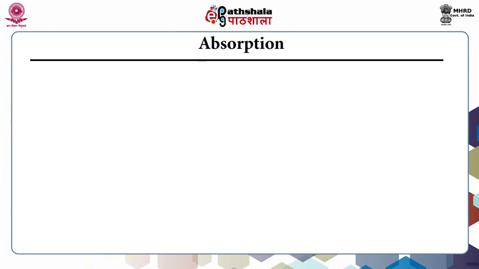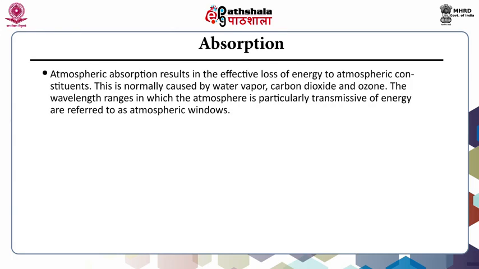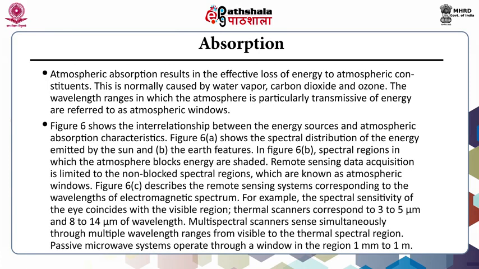Second one is the absorption. Atmospheric absorption results in the effective loss of energy to atmospheric constituents. This is normally caused by water vapor, carbon dioxide, and ozone. The wavelength ranges in which the atmosphere is particularly transmissive of energy are referred to as atmospheric windows. For example, the spectral sensitivity of the eye coincides with the visible region.